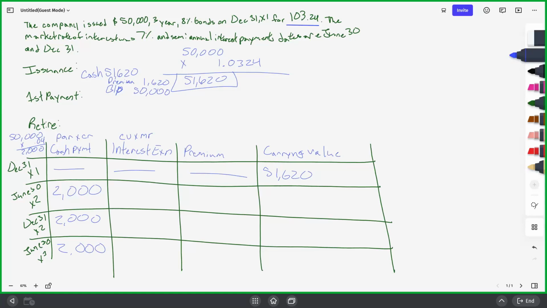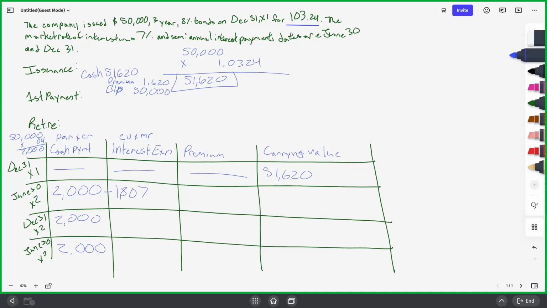So we take that 51,620 and multiply it by the market rate. Again, do we use the 7%? No, divided by 2. And we're rounding all of these to whole numbers. So we got 1,807. Usually round that up.